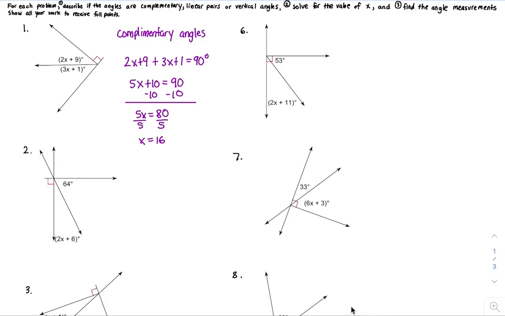So I'm going to take 2x plus 9 and 3x plus 1 and plug in 16 into both. And then we solve. So once you solve, this one is 41 degrees and this one right here is 49 degrees.